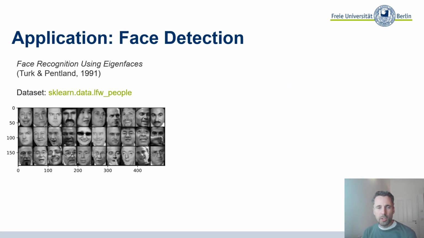And one of those applications is something that was published quite some time ago. So Turk and Pentland published this paper in 1991. And here the task was to detect faces, right? So we have small cut out images, and they may show faces like the ones here or not, and our task is to detect them.